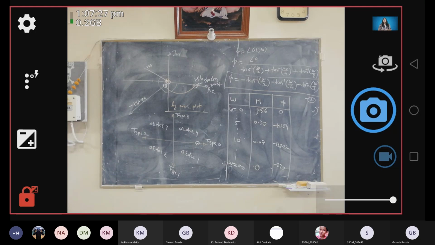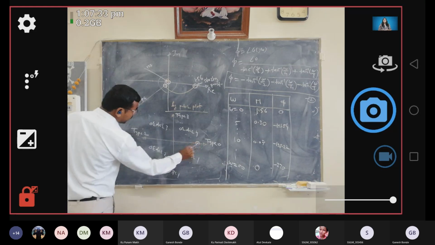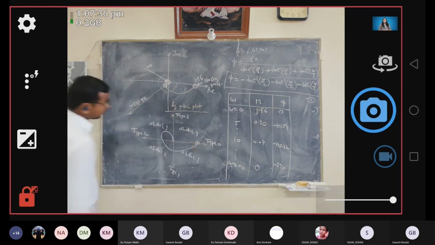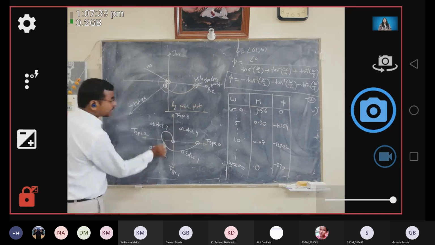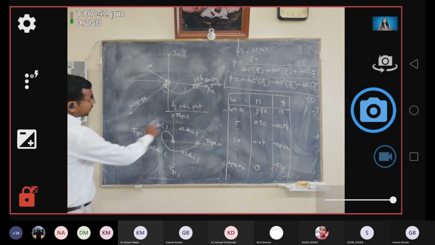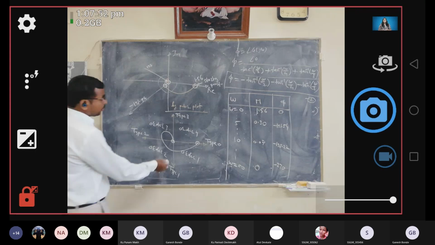That means it is order 3. So type 0, order 3, which means the nature of the plot could be like this. In this way you can sketch a rough polar plot using this structure.